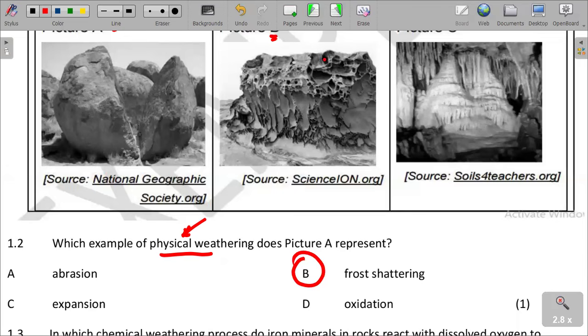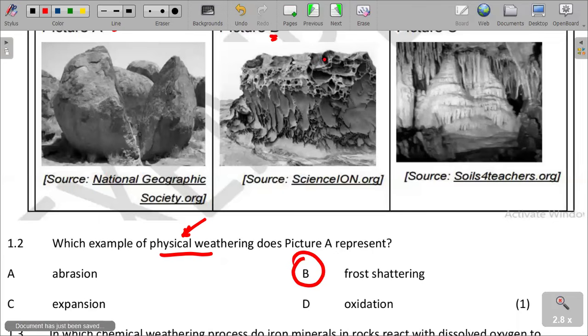And then expansion is the increase in the volume of the rock mass as a result of incoming terrestrial solar radiation that causes the rock particles to expand, and then when they expand, they contract again.